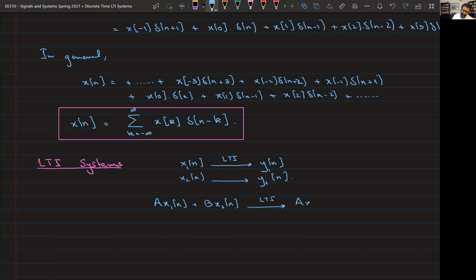So if I have a superposition of the inputs x1 and x2 in this fashion, capital A, a constant, times x1 plus capital B times x2, the output is going to be the respective superposition of the individual outputs. Mathematically, this is what it means. If I know the y1 for x1 and the y2 for x2, then if I have that superposition in the inputs, the outputs also superpose in the same fashion, as Zainadim also says in the chat box.